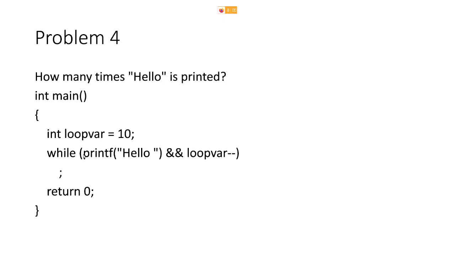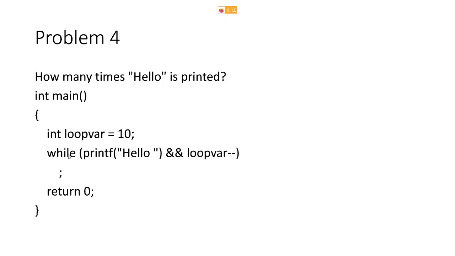Now if you write while 5 and loop variable minus minus, then 5 is always true. So this printf is like writing true, it's always true. Did you understand that? And the and means both of these two statements should be true for the while condition to be true.